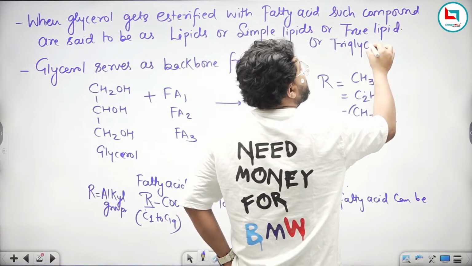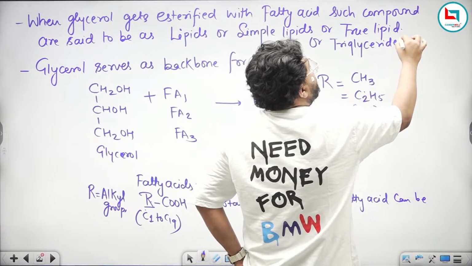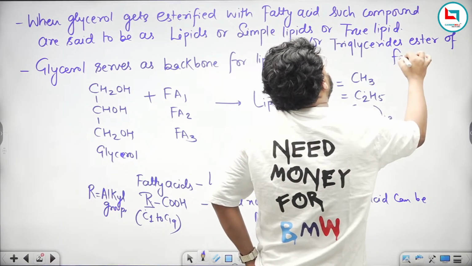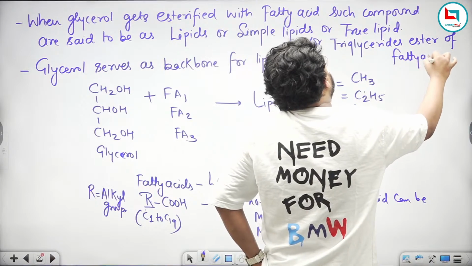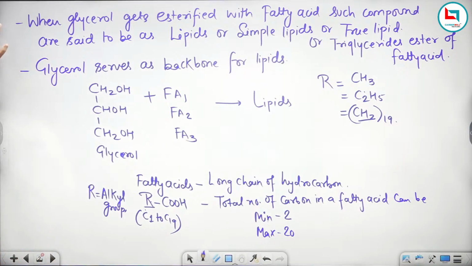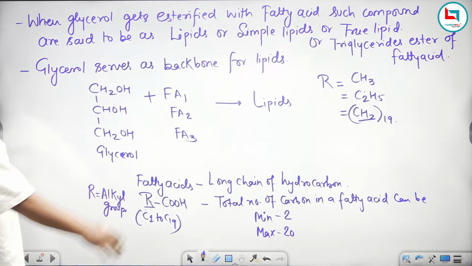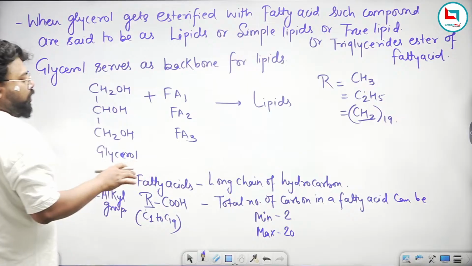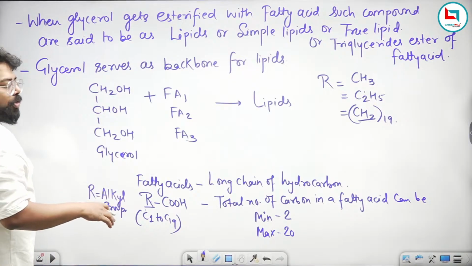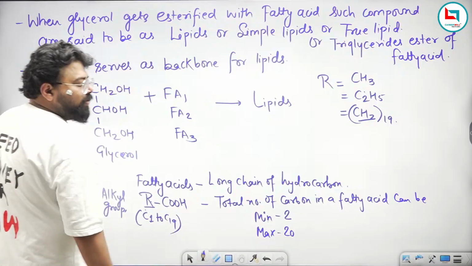In these fat lipid molecules, glycerol serves as a backbone for the lipid molecule. Now, in this lipid molecule, fatty acid is a compound which is basically a long chain of hydrocarbon.